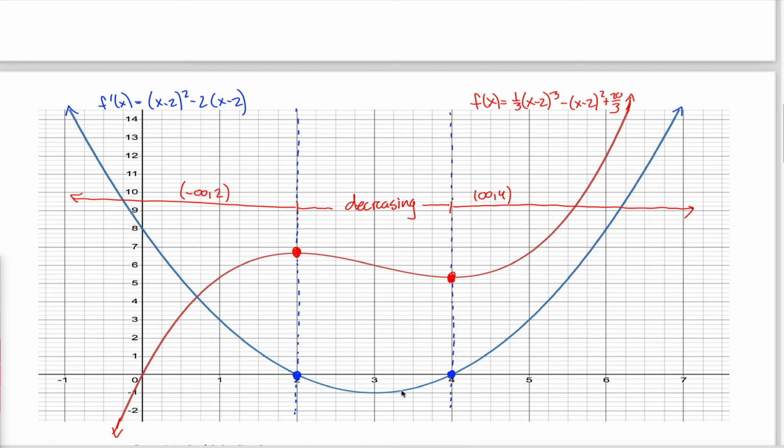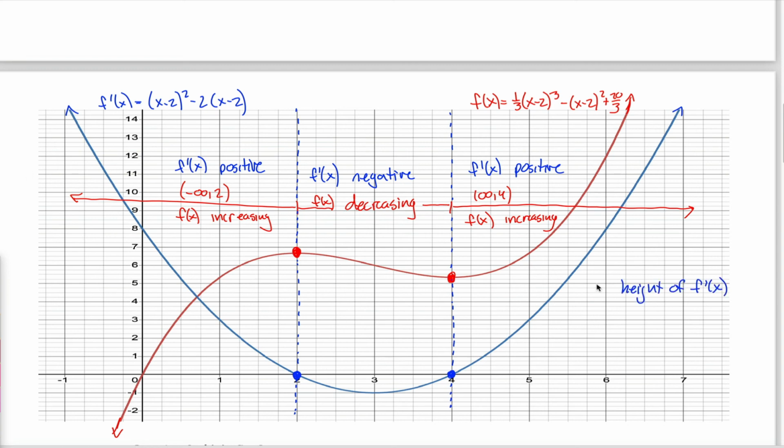Furthermore, the fact that the derivative is negative in this interval where the function is decreasing is not a coincidence either. Anytime the derivative is negative, the function is going to be decreasing. And anytime the derivative is positive, like it is out here on the outside, the function is going to be increasing. It takes a while to get comfortable with looking at the two graphs in conjunction, but if there's one takeaway from this video, it's this little sentence.